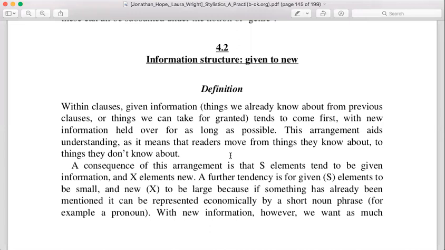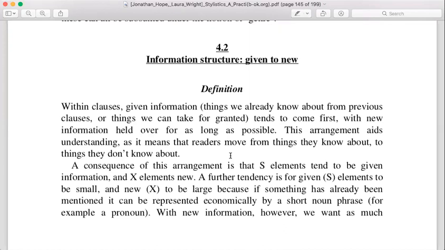The given information can be represented through S, because we believe that the given information is short, because no elaboration is needed to decipher it, and it is assumed that the reader already knows.